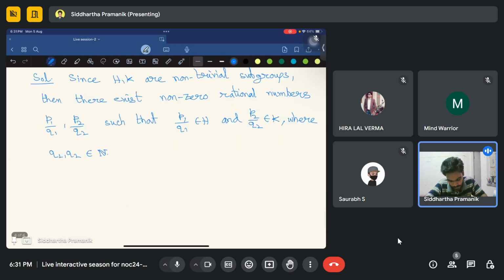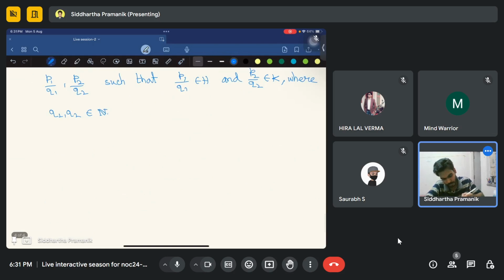Okay, let's see. So this is a group under addition, right? Now you can see if we add p1/q1 q1 times, then this element equals p1, right?